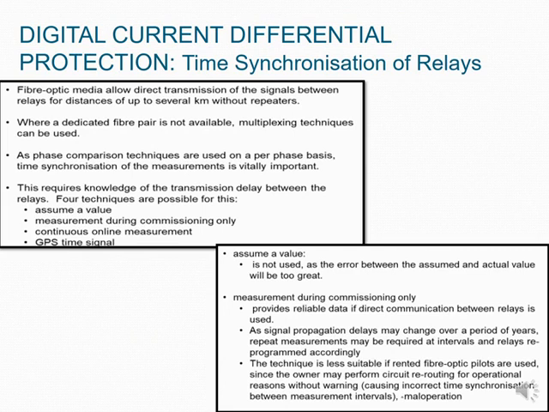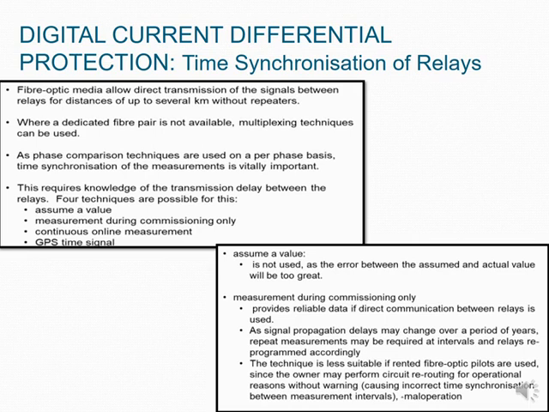So your digital current differential protection really works on a time synchronization methodology. Number one, for these digital relays, we need fiber optic because remember, we're no longer utilizing your pilot wires. Your fiber optic can go up to several kilometers without us having repeaters.